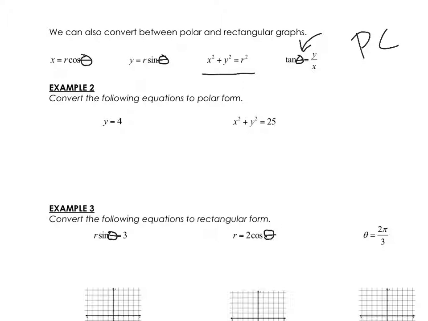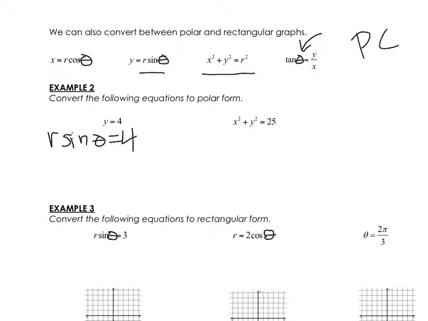Okay, so let's just take a look at example 2. We're going to convert the following equations to polar form. So remember, you can replace a y with r sine theta from up here. So instead of a y, I'm just going to replace that with r sine theta, and then equals 4.